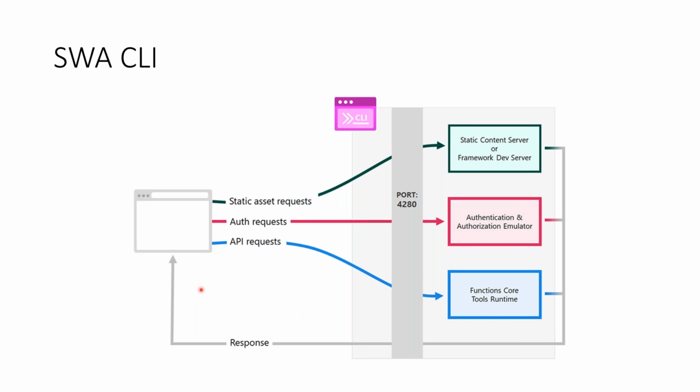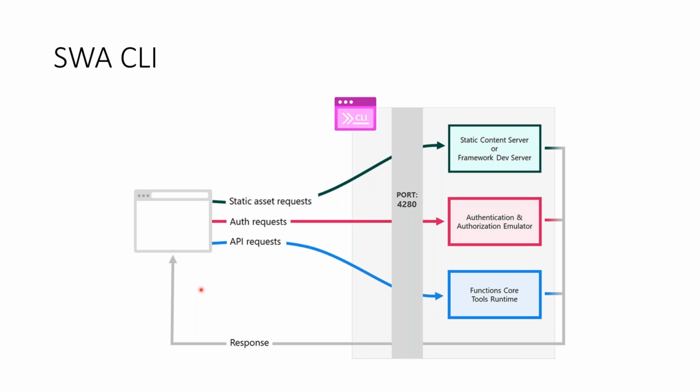This CLI enables you to take all of those components. So take the front end that's running from a debug session from Visual Studio, take the Azure Functions runtime that is running on your local machine as well, and combine all of those using the Azure Static Web App CLI, and you get one URL locally with port 4280 that enables you to access the static content, and use the static content to access the API under the /api endpoint, all with the authentication and authorization that you have in place in your static web app config.json file.